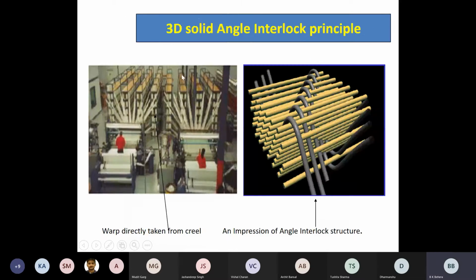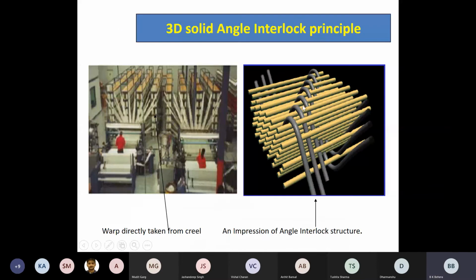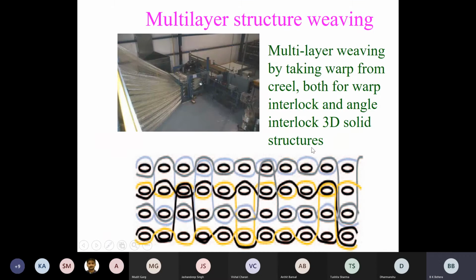A similar fashion is called angle interlock. See, this is an impression of angle interlock structure. Looking from here and here, you can make out what the difference is. I'll show the fabric structure of this. This is a computerized simulation of angle interlock structure. The actual fabric structure is like this.